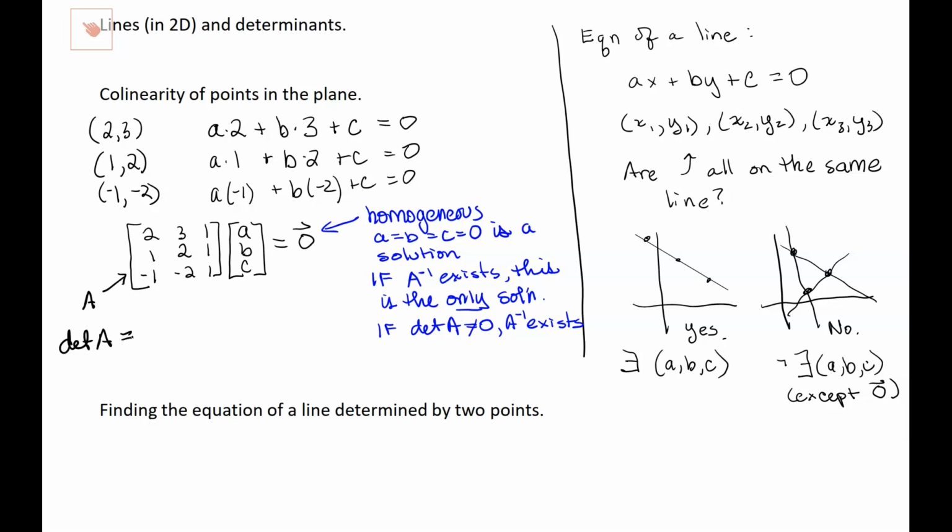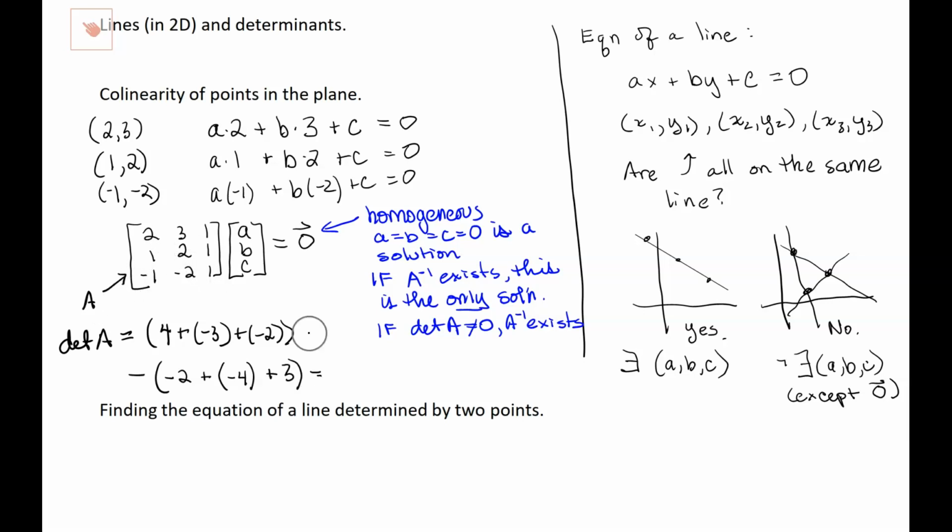We're going to write down this matrix with its first 2 columns copied next to it. And when we do that and start computing the determinant, we'll get 2 times 2 times 1 plus 3 times 1 times minus 1 plus 1 times negative 2 minus, and then we do the backwards diagonals, 1 times 2 times minus 1, and then 2 times 1 times minus 2, finally 3 times 1 times 1.